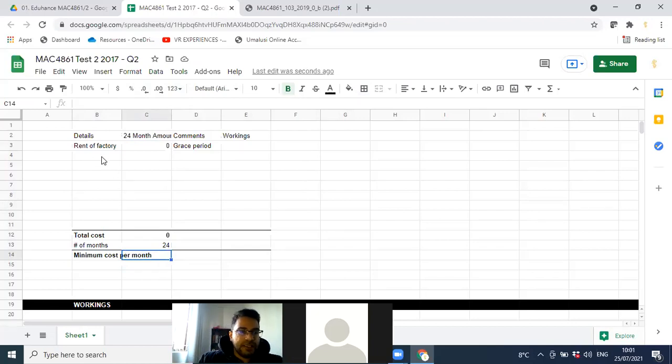So here we're going to have rent of factory. Rent of factory, it is 24 months. So we're working for a 24-month period, so that is critical.